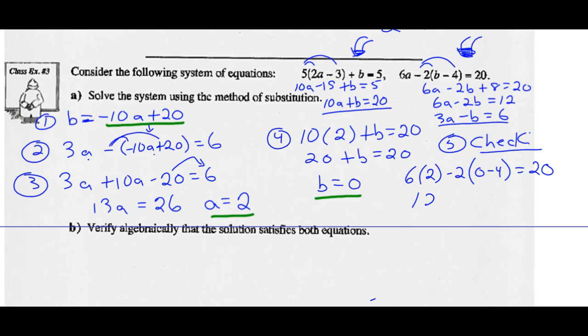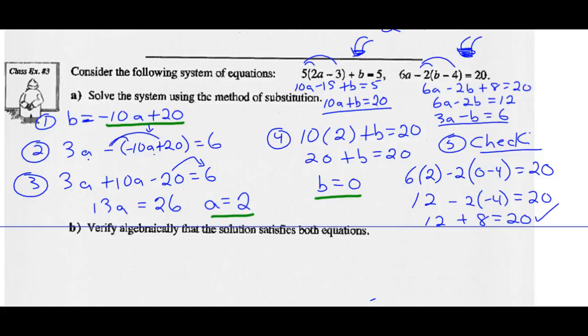So 6 times 2 is 12, minus 2 times negative 4 should equal 20. 12, negative 2 times negative 4 is a positive 8. 12 plus 8 indeed equals 20. It checks out.